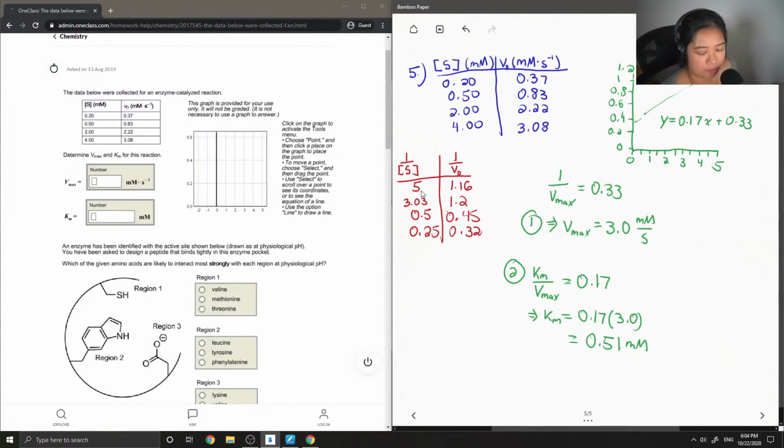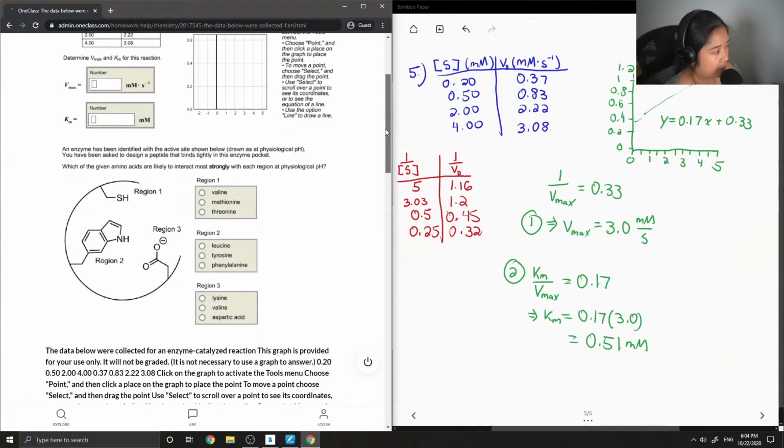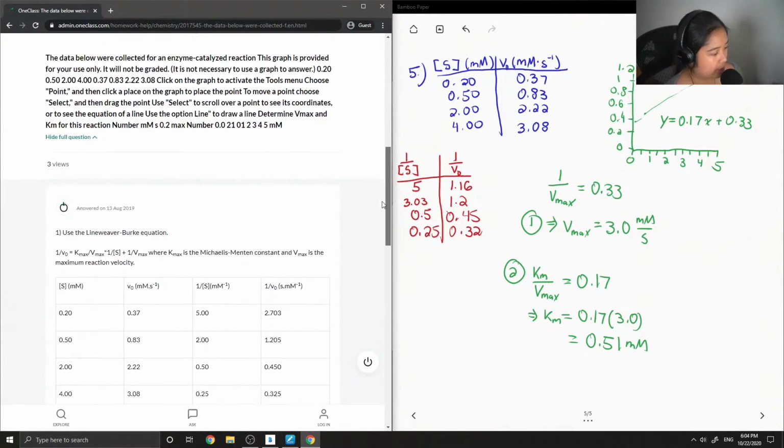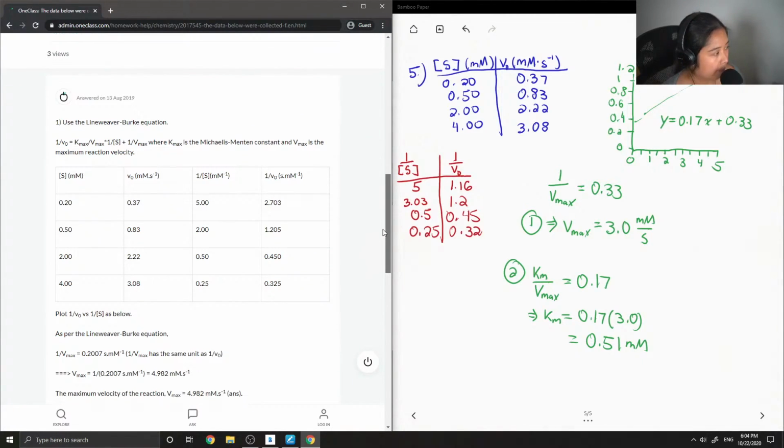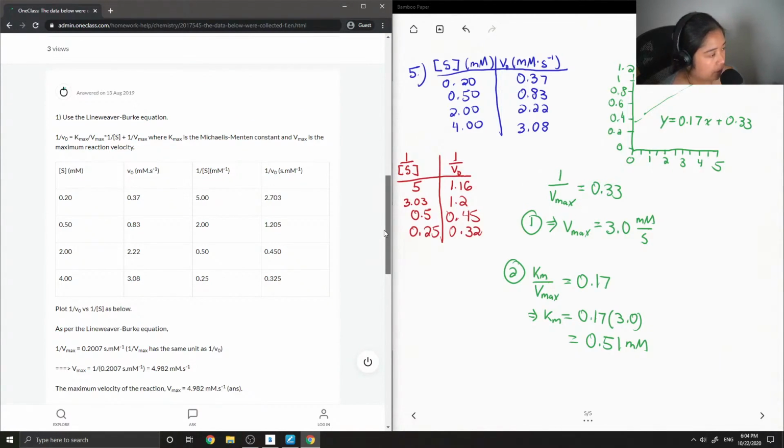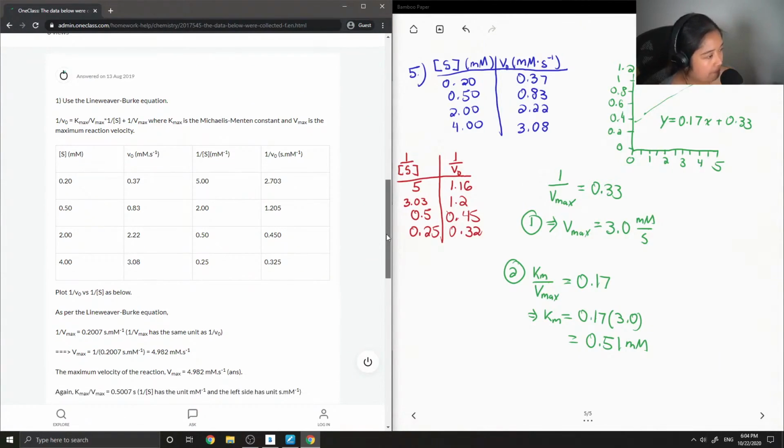So that's for part A of 5. Just since this is such a different question than part B, let's see what our junior tutor said. So they plotted the reciprocals.